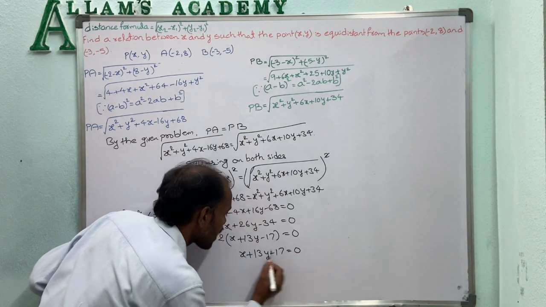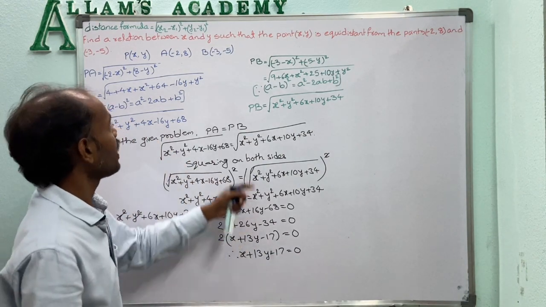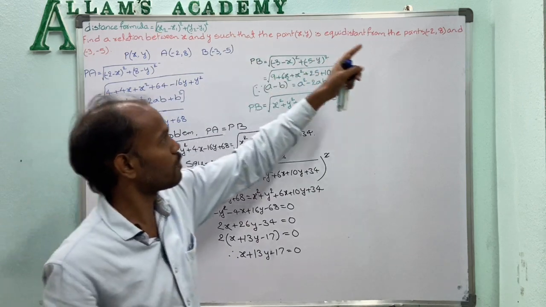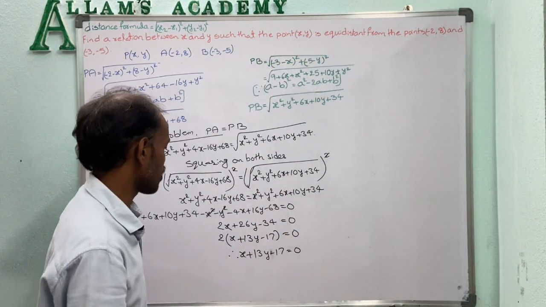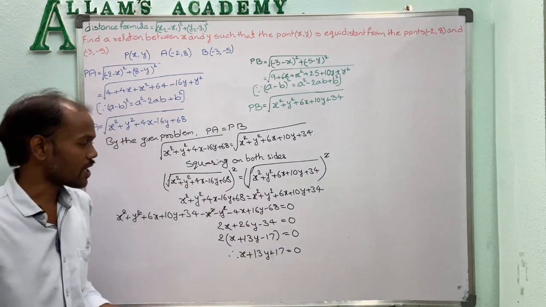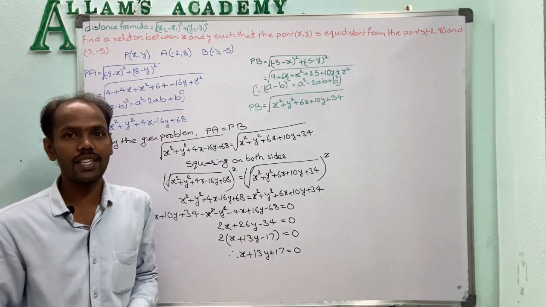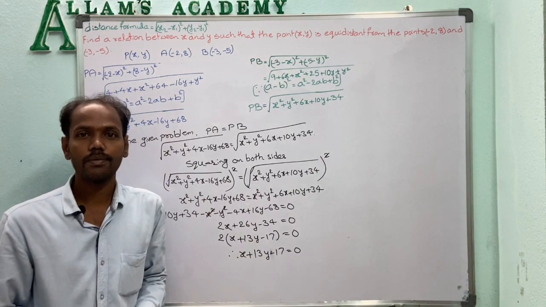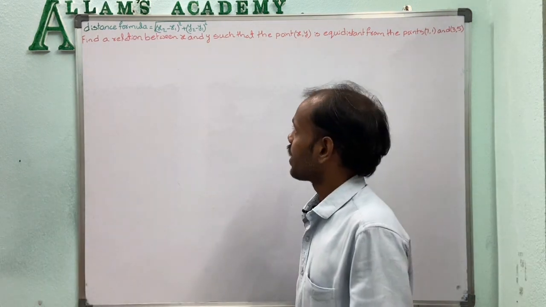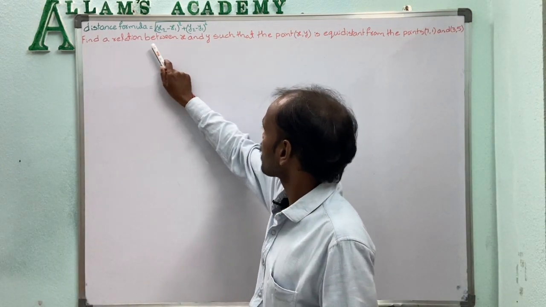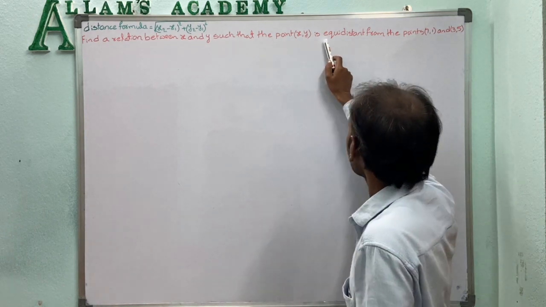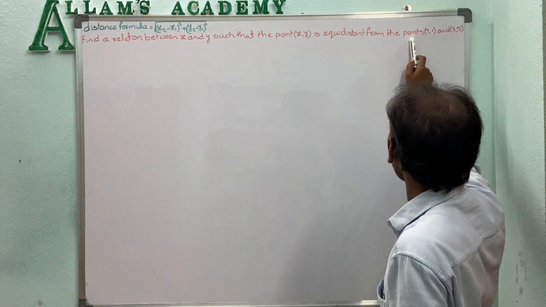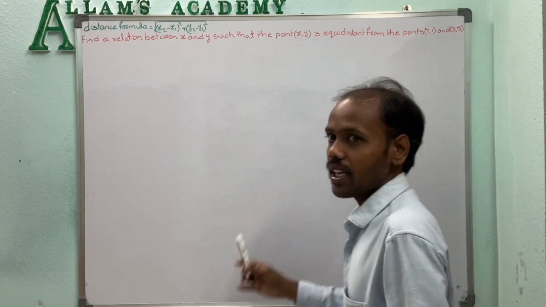Now this is the relation between the points minus 2, 8 and minus 3, 5 from x, y to be equidistant: the relation x plus 13y minus 17 is equal to 0. Now the next problem: find a relation between x and y such that the point x, y is equidistant from the points 7, 1 and 3, 5.